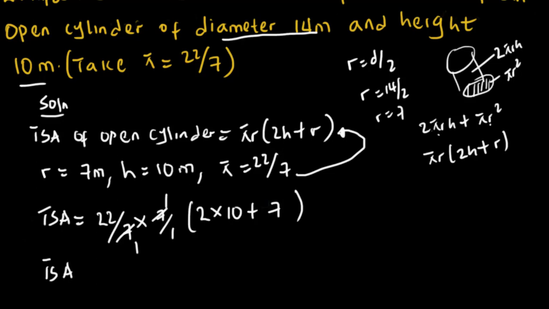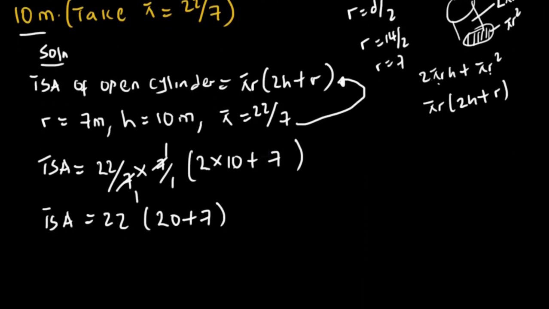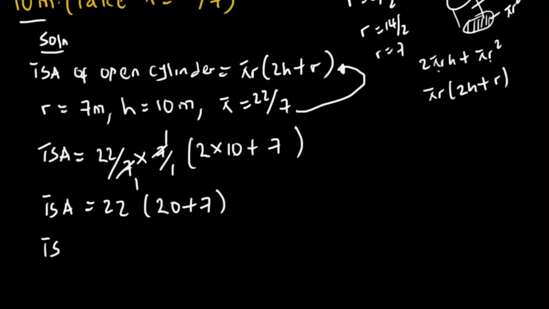So total surface area equals 22 into brackets 2 times 10 is 20, so I have 20 plus 7. Does this make sense? So it then means we have total surface area equals 22 into bracket 20 plus 7, which is 27.